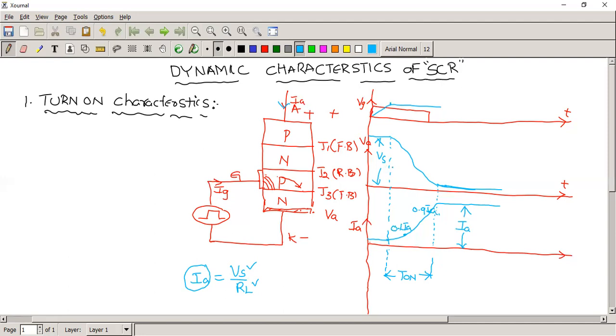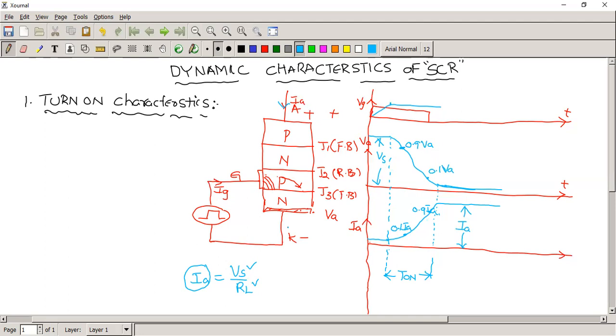and corresponding voltage also we are finding. This is the 0.9 VA. This is the 0.1 VA. Nothing but 90% of the voltage and 10% of the voltage. In the same manner, the current waveform also has 10% of the current and 90% of the current.